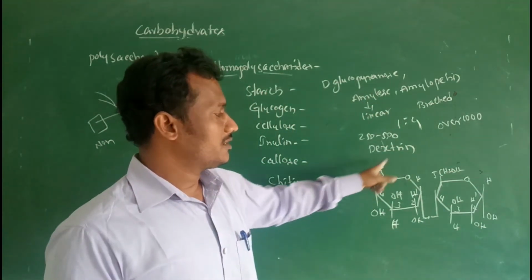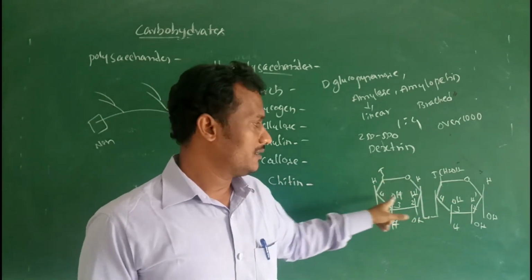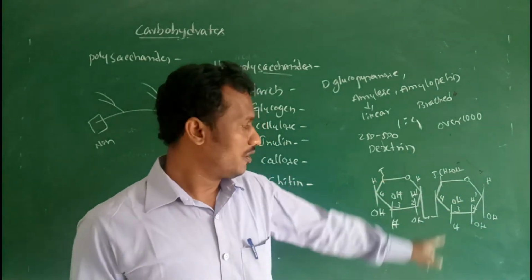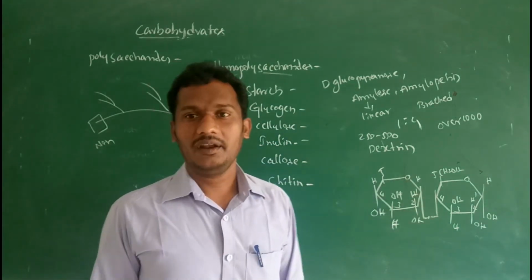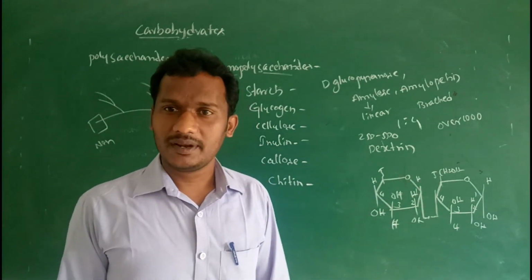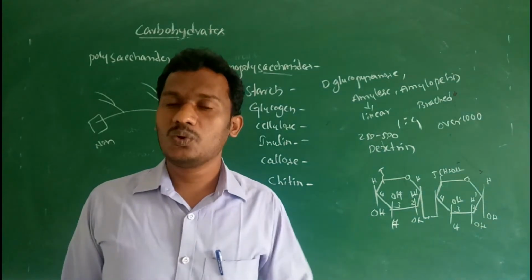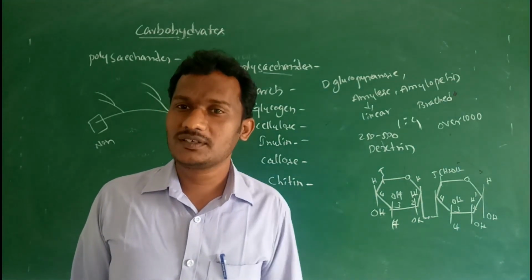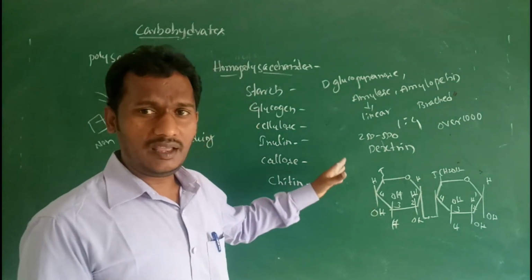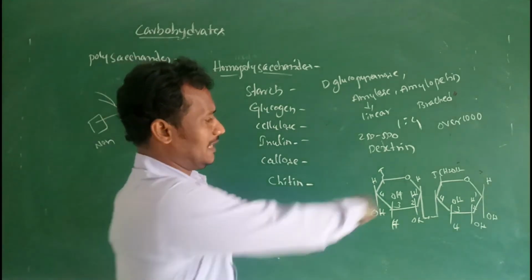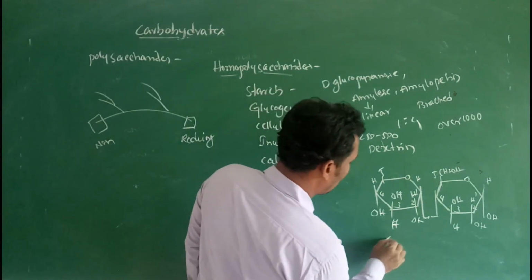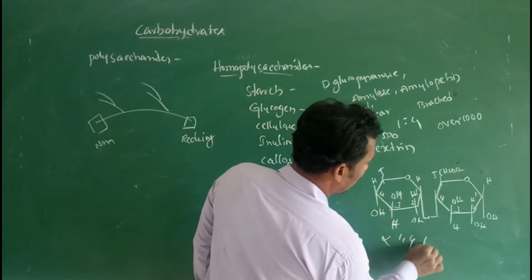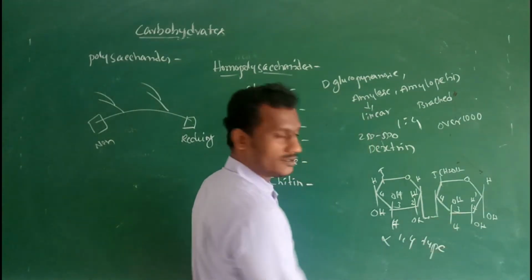In starch, monosaccharides are present, joined by glycosidic bonds. Here alpha D-glucose units are present. The bond is an alpha 1,4 glycosidic bond.